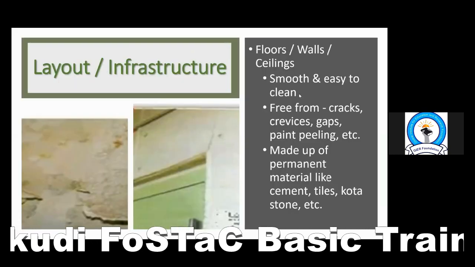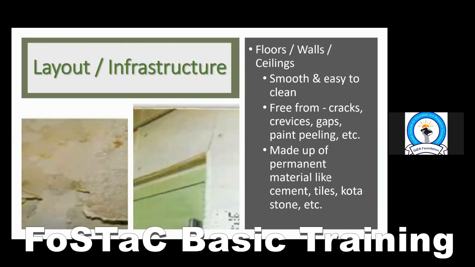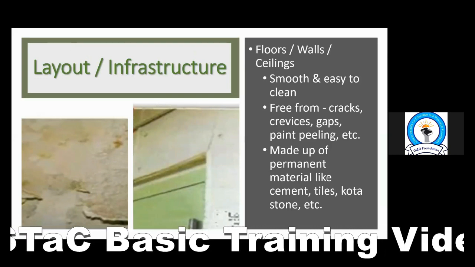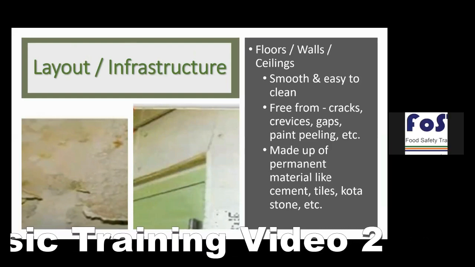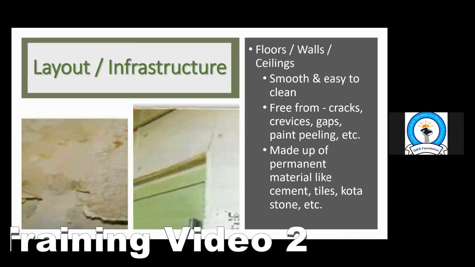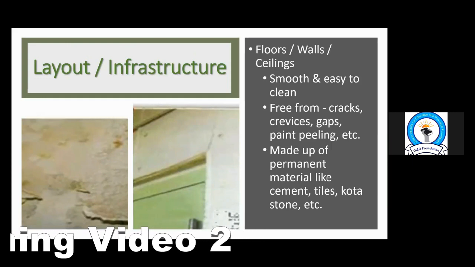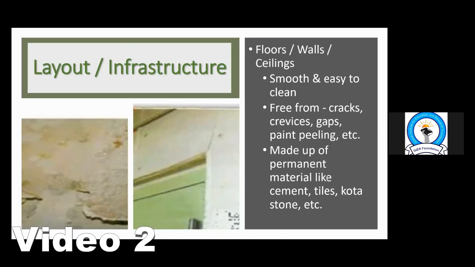Second, all floors, ceilings, and infrastructure should be smooth and easy to clean. There should be no cracks, no crevices, no gaps, no paint peeling, no fungus on your floor or rack, made of permanent material like cement, tiles, Kota stones, likewise.